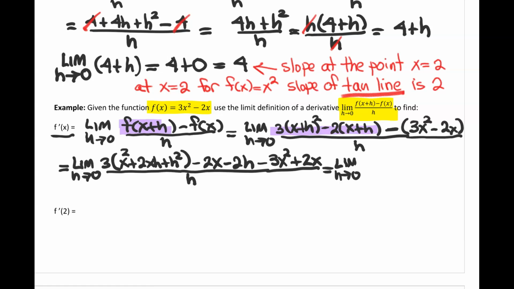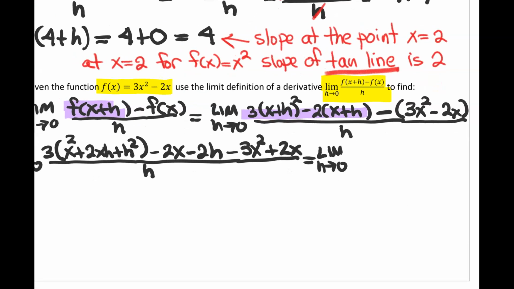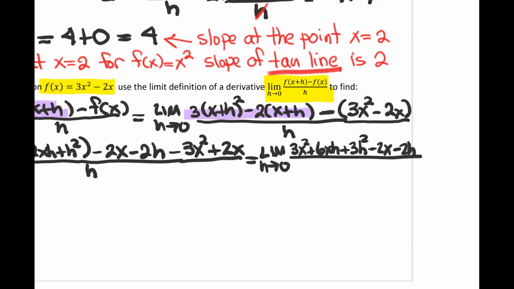Okay, so I'm getting really small here. Let's see if I can squeeze it in. Alright, so I have a 3x squared, I have a 6xh, I have a 3h squared, I have a minus 2x, minus 2h. Let's see, minus 3x squared plus 2x, all divided by h.